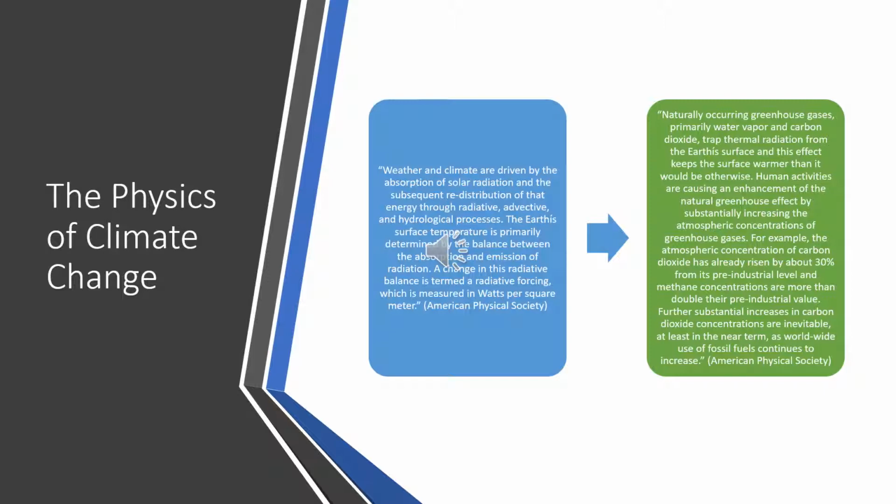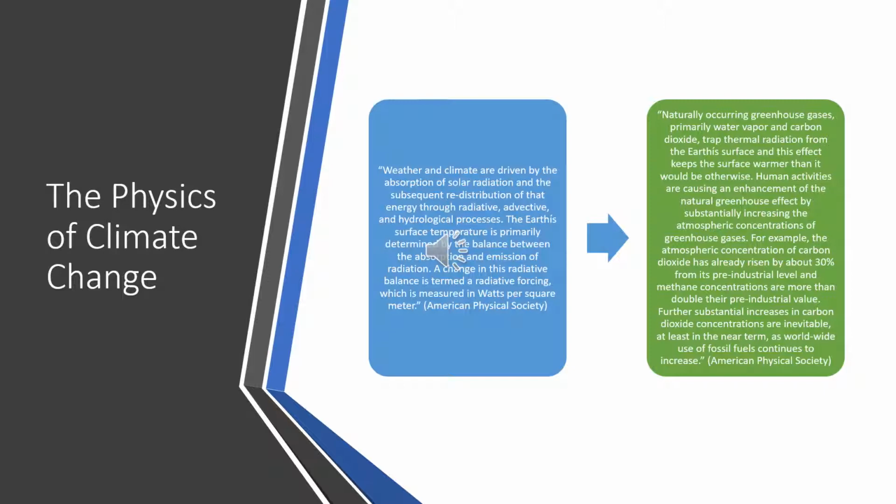Naturally occurring greenhouse gases, primarily water vapor and carbon dioxide, trap thermal radiation from the Earth's surface, and this effect keeps the surface warmer than it would be otherwise. Human activities are causing an enhancement of the natural greenhouse effect by substantially increasing the atmospheric concentrations of greenhouse gases.